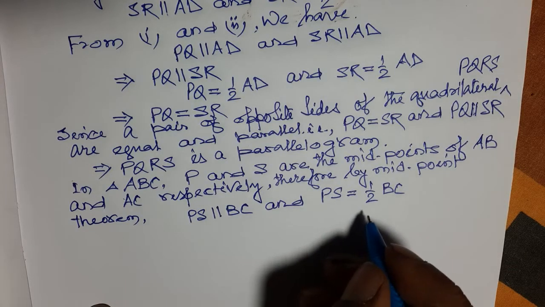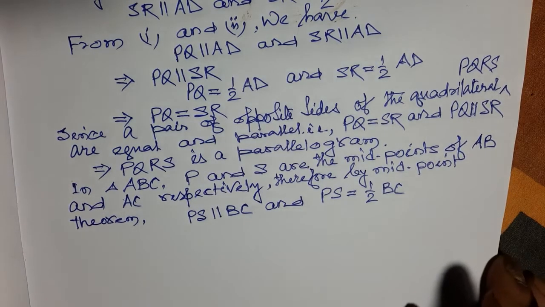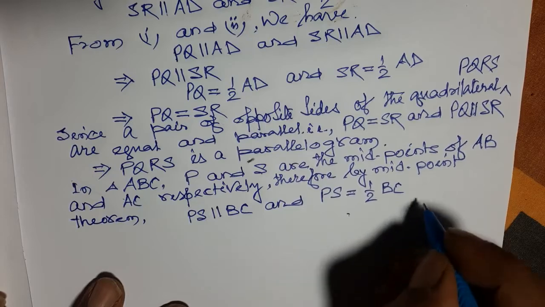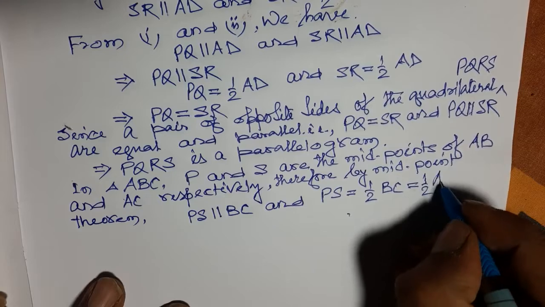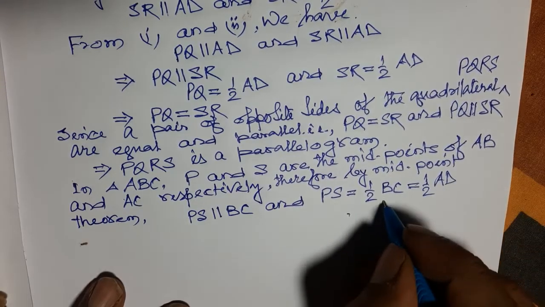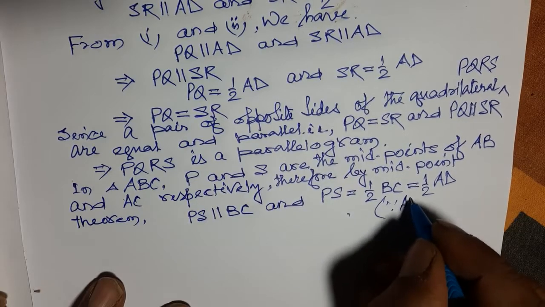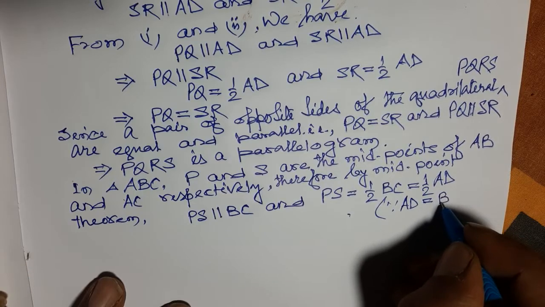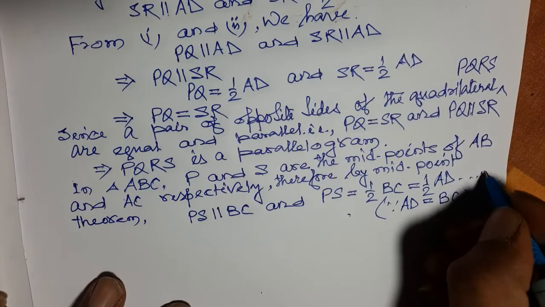Now PS is equal to half of BC. It is given that AD is equal to BC. Therefore, in place of BC, we can write half of AD, since AD is equal to BC. This is 3.